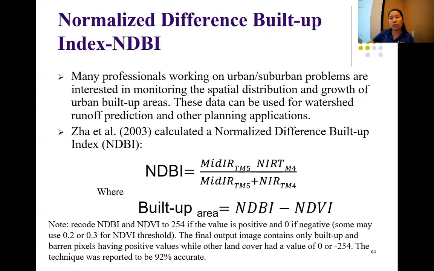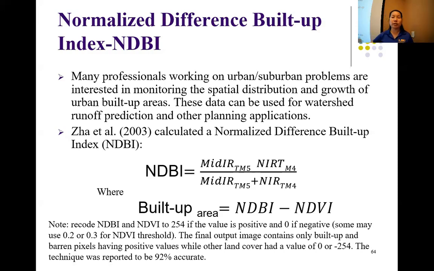Now we're going to introduce one for urban areas. It might be useful for us to extract urban distributions, because a lot of people study urban sprawl issues, and from multi-temporal images they need to extract the urban extent and then show how it gradually changes.